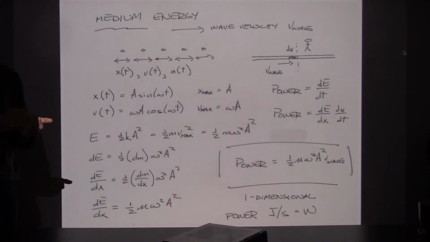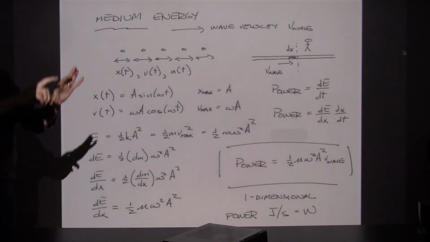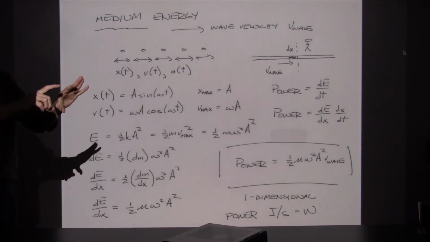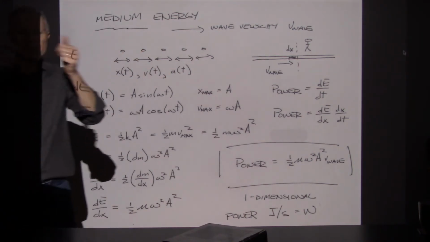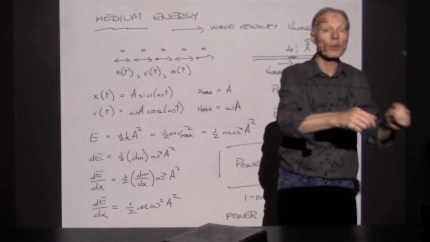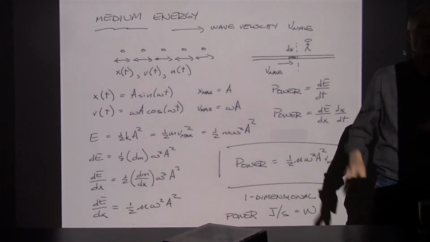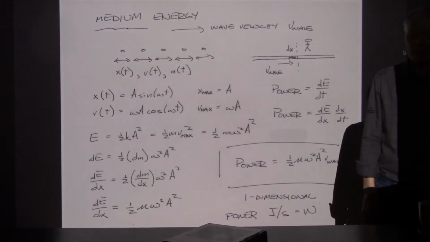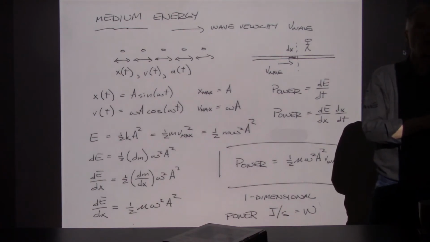What's different in chapter 15 is that instead of the oscillation energy staying in just one object, the energy propagates through the medium. The energy gets handed to the next part of the medium, and the next. So as the wave is propagating, energy is being carried from one part of the medium to the next. The energy is being communicated through the medium.